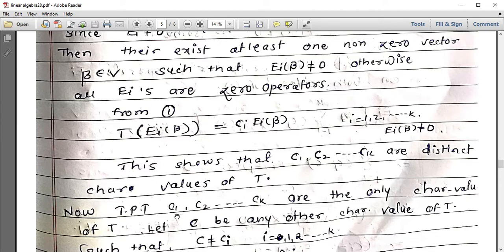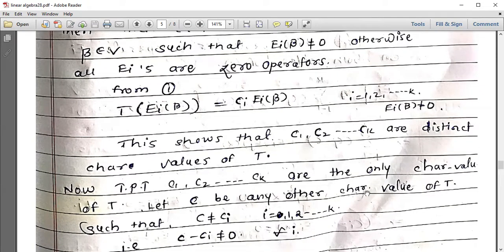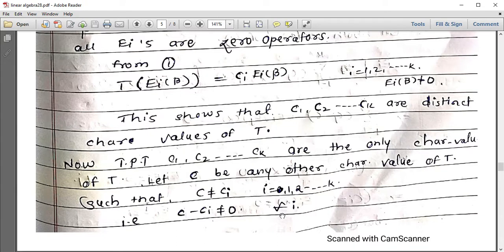We have to prove that C1, C2 up to Ck are the only characteristic values of T. To prove this, we have to assume another C apart from these. Let C be any other characteristic value of T such that C is not equal to Ci for i equal to 1 to k, that is, C minus Ci is not equal to 0, taking Ci to the left side for all i.